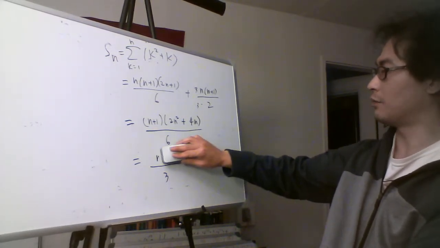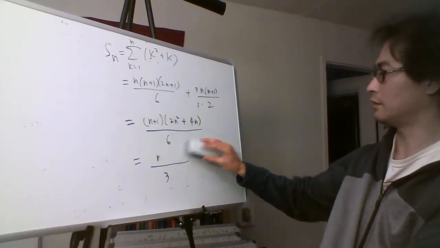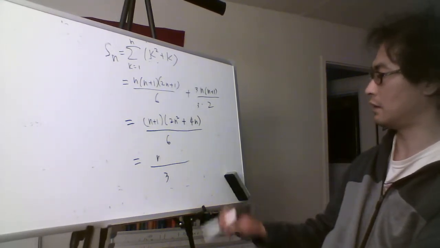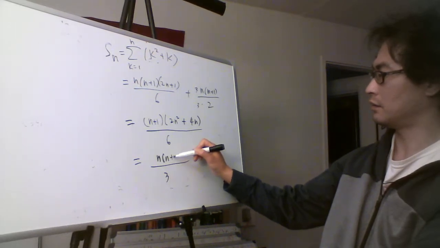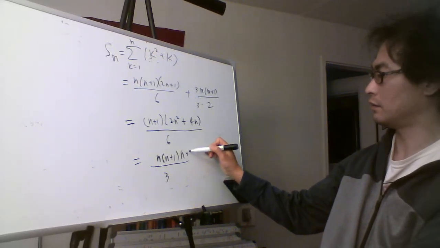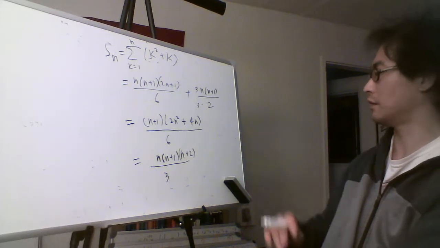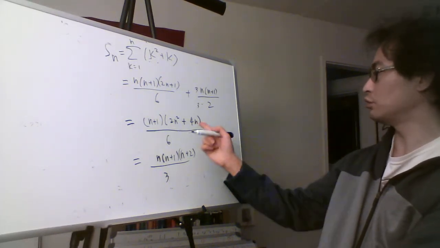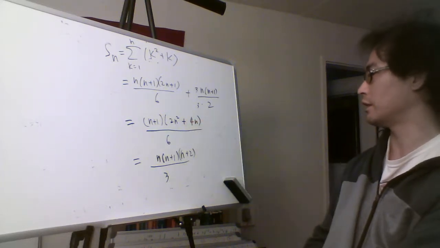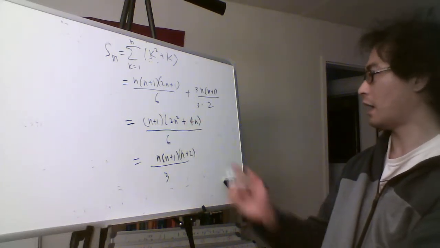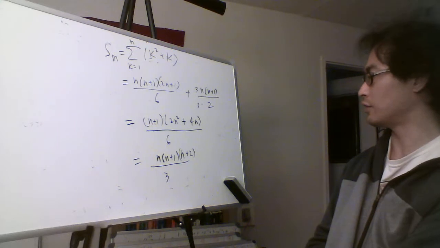I'm getting ahead of myself. Okay, so I think... yeah, it gets out, so you're left with n squared plus 2n, right? n gets out, so you're left with n plus 2.